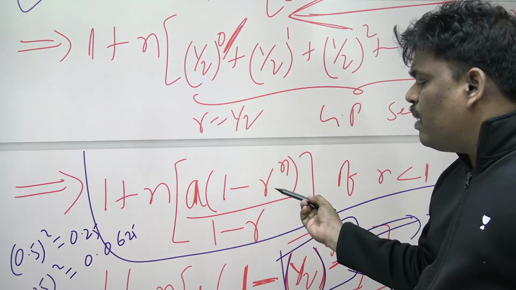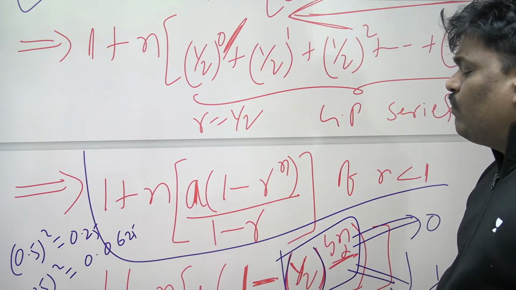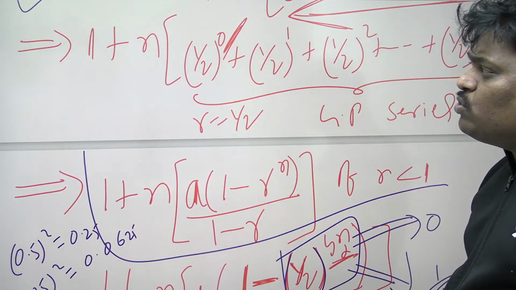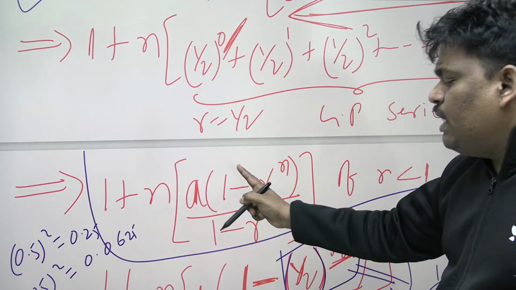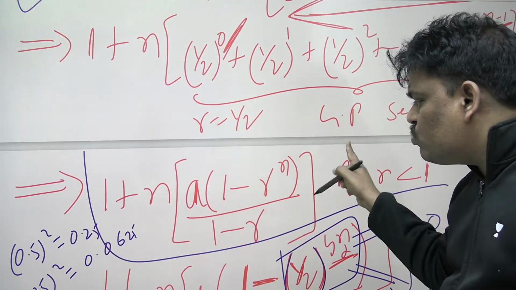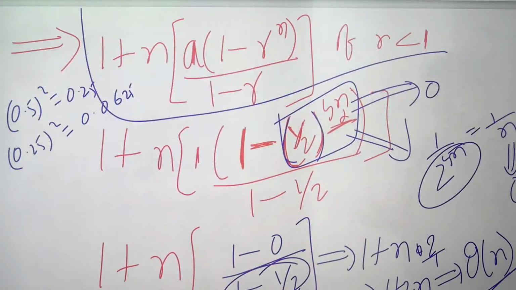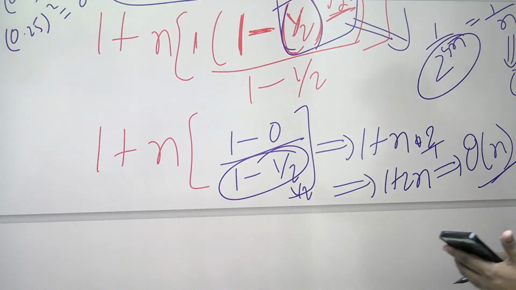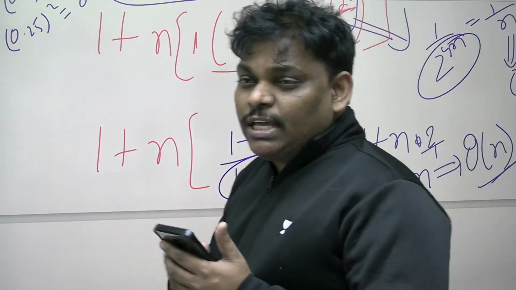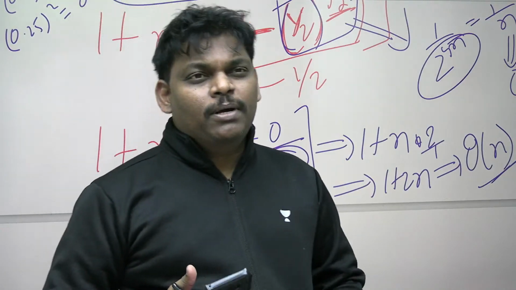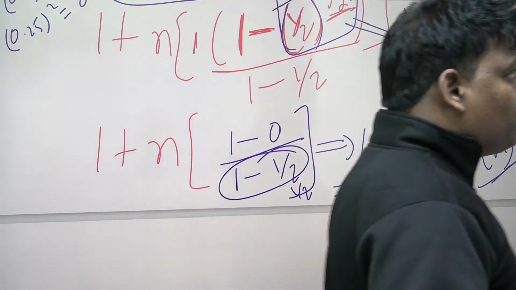If R value is more than 1, it is reversed, because here it is less than 1. So please take care. Master theorem I didn't cover, so I cannot apply master theorem, though for this problem the better approach is master theorem.